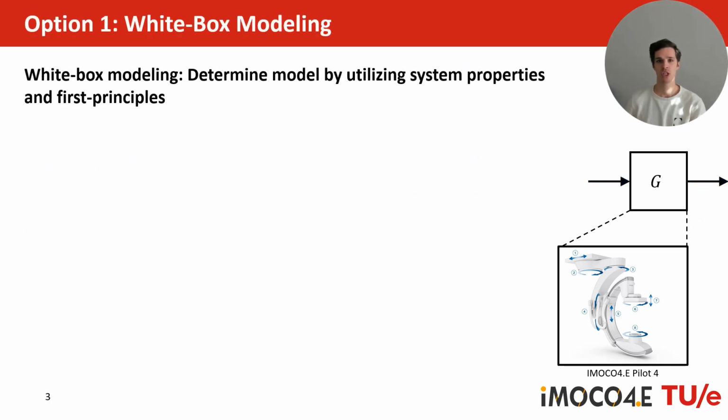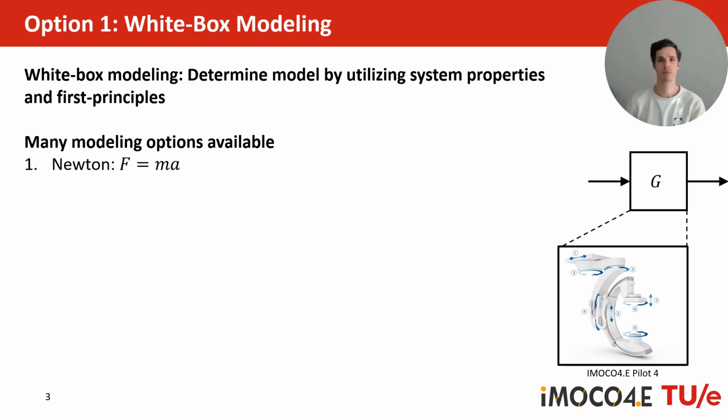A very traditional modeling technique is typically referred to as white box modeling. White box modeling means that we determine a model by utilizing system properties such as masses or maybe springs, and first principles. Well, for first principles, there are many modeling options available. The simplest way is maybe the Newton approach. The main law you would use is F equals m times a, probably well known to everybody.